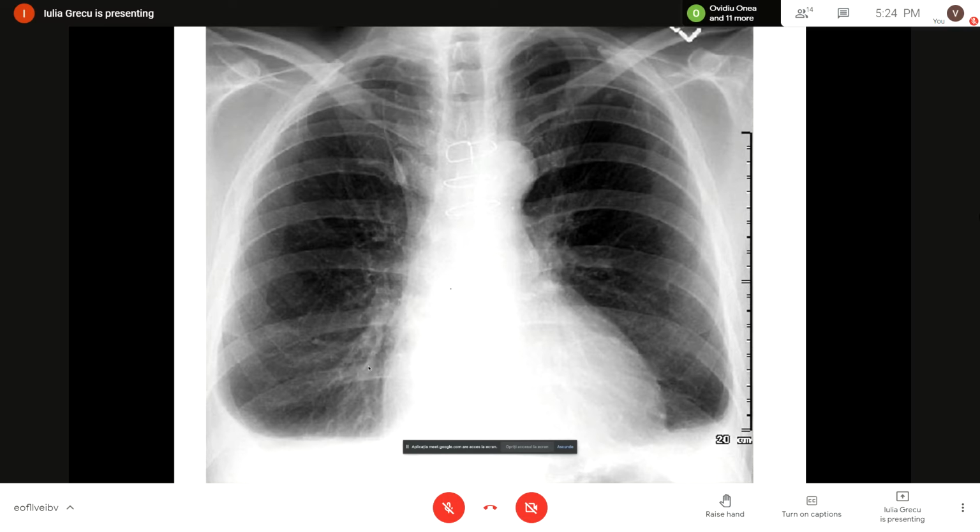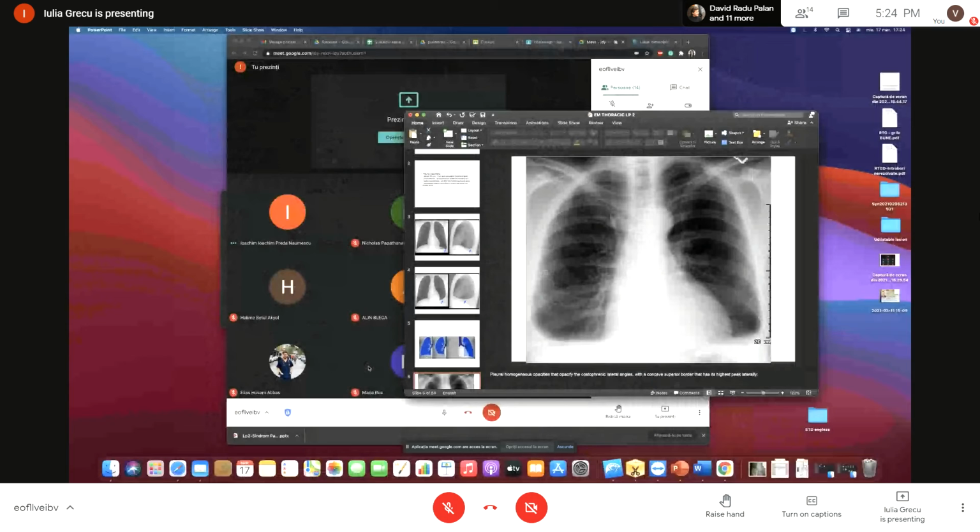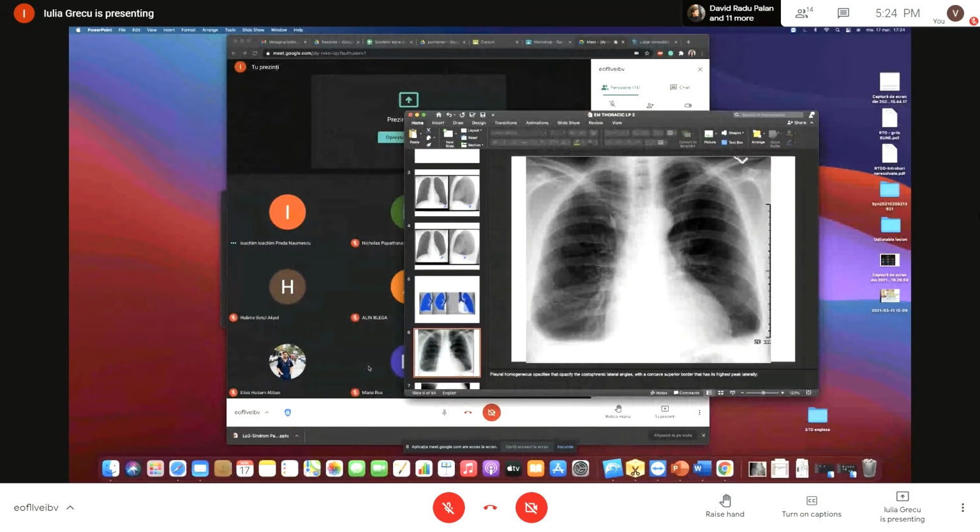Can you identify it? Besides everything else we discussed. It's a normal anatomical variant. Something with the arch. With what arch? The aortic arch.